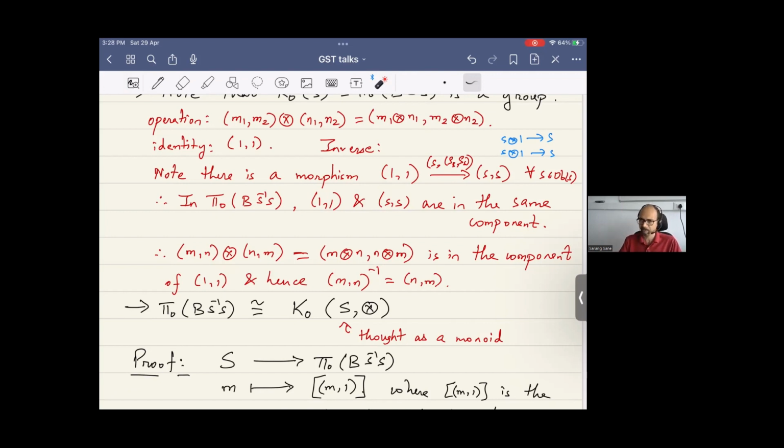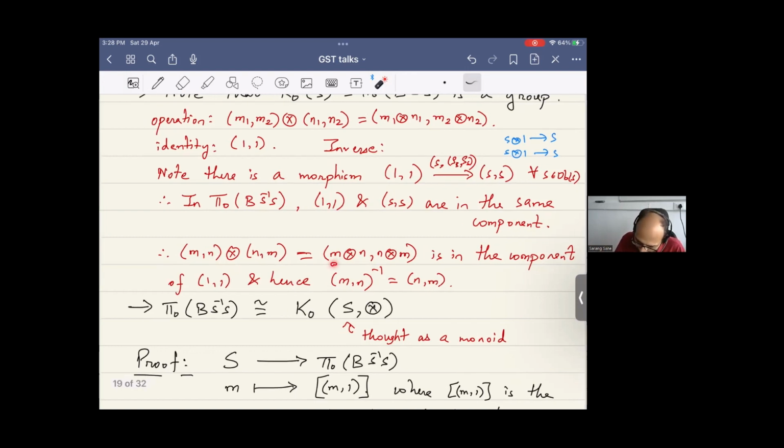These are the same up to some natural isomorphism, so as far as the connected component is concerned, (m tensor n, n tensor m) is in the same component as (1, 1). So in pi naught, it's the same element. And therefore each component has an inverse, which is just flipping it over, so that's (n, m).